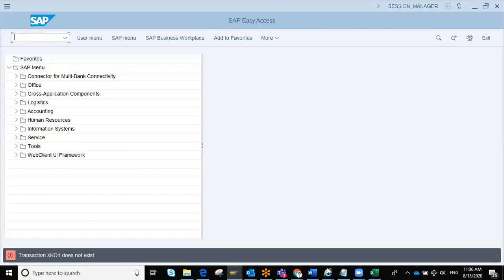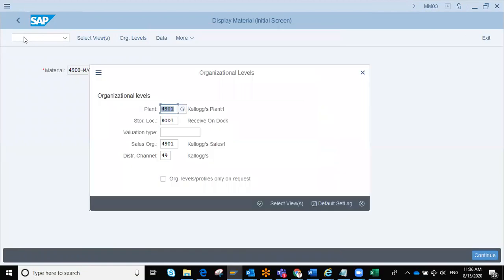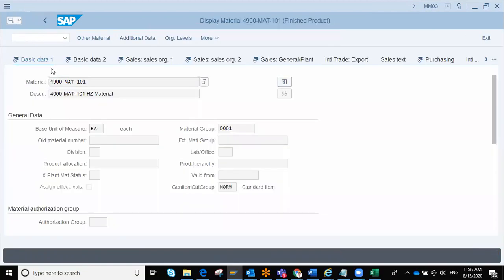Now we should go to another transaction like material number. So for material number, let us see any specific material. So this material number is extended up to 40 digits.